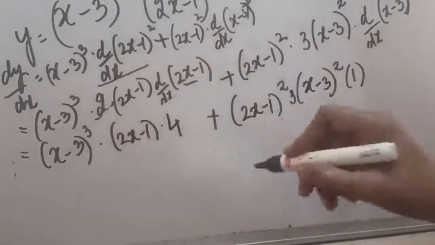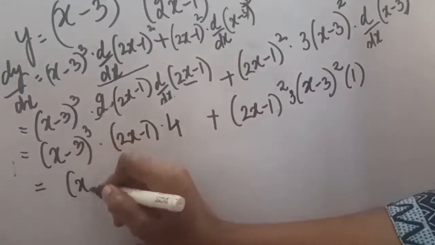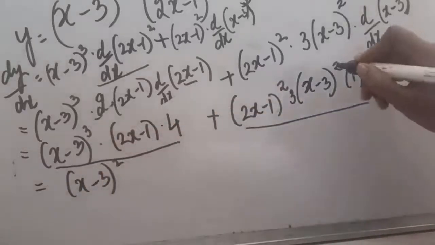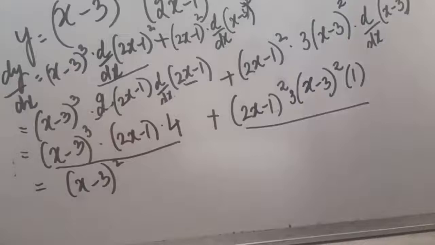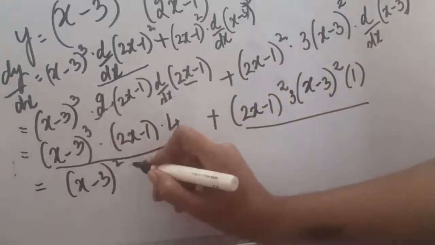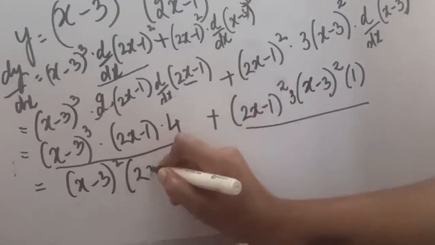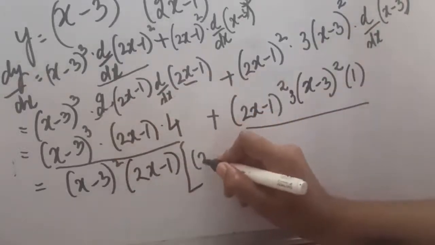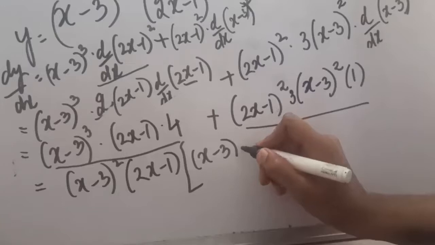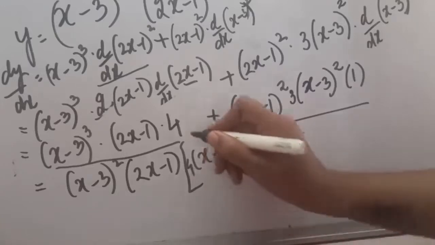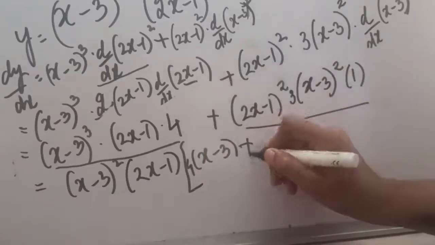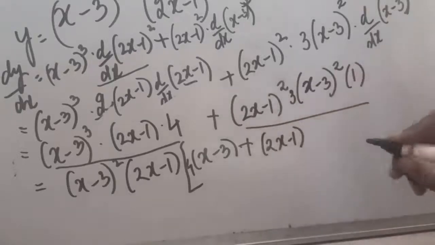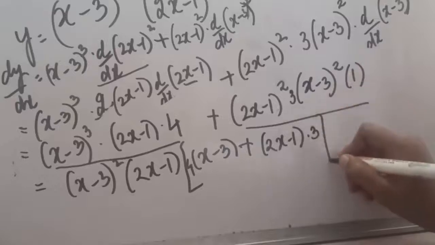If you look at both the sides, you will observe that (x−3)² is common. This is one side, this is the other side. So this is (x−3)² and this is (x−3)³. And on both sides 2x−1 is also common. So what we are left with inside is (x−3) into 4, plus on the right-hand side we have 2x−1, which we have taken into 3.